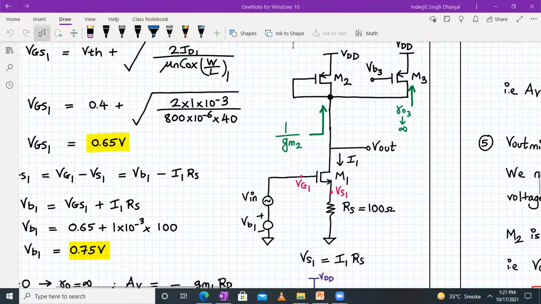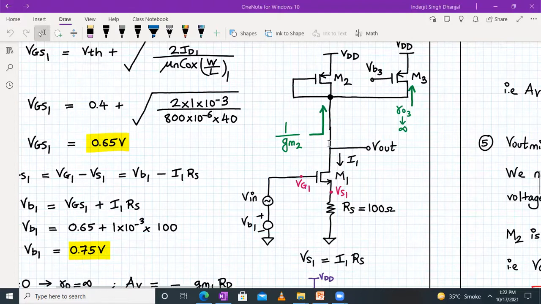So if you look into the drain terminal of M2, you will get 1 upon gm2. Similarly, for M3, its gate terminal in the small signal analysis will be connected to the ground. Its source terminal will be connected to the ground. So if you look into the drain terminal, you will get ro3, right? And ro3 is nothing but infinity. We have considered all the transistors to have lambda equal to 0.